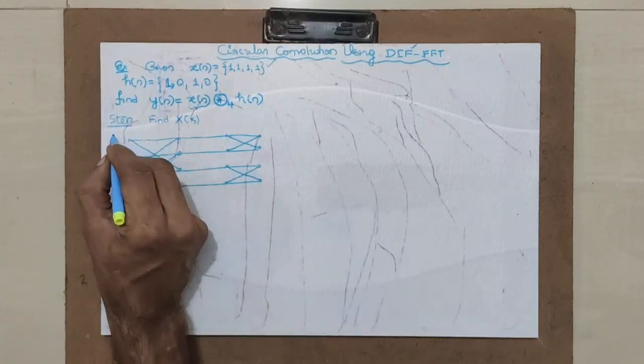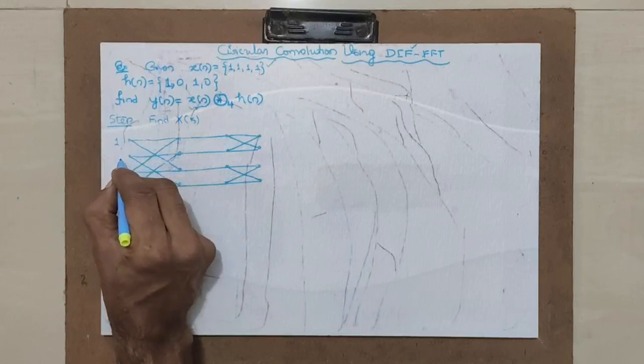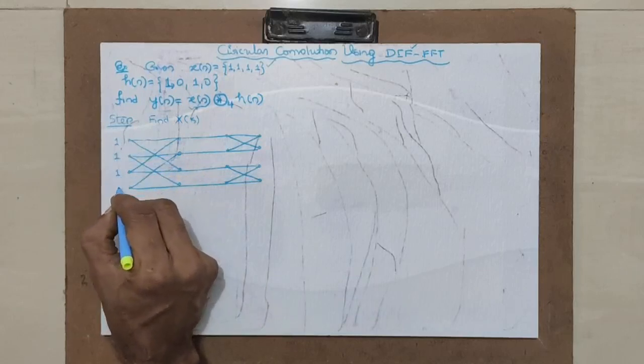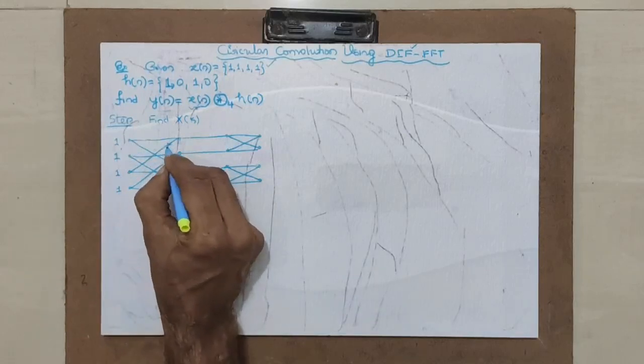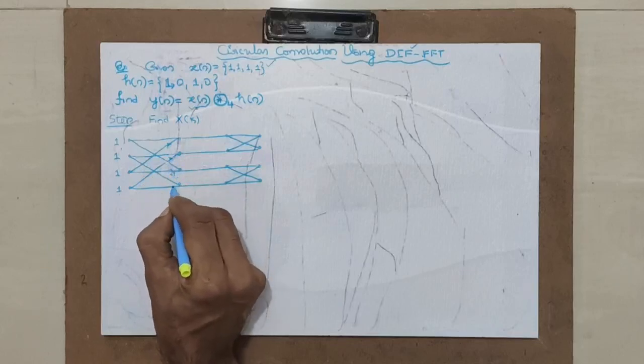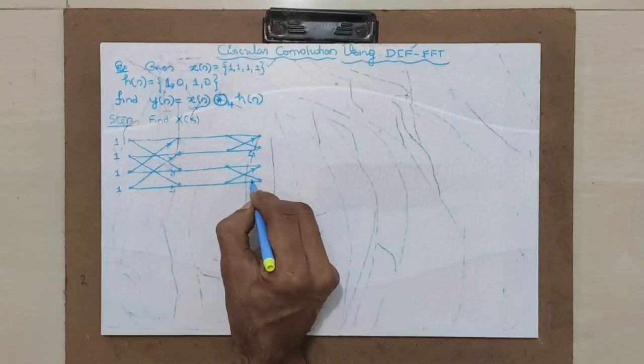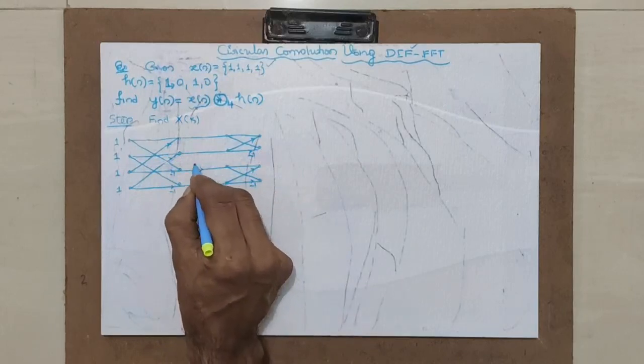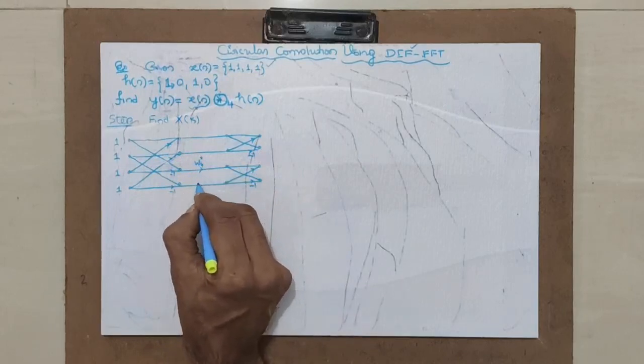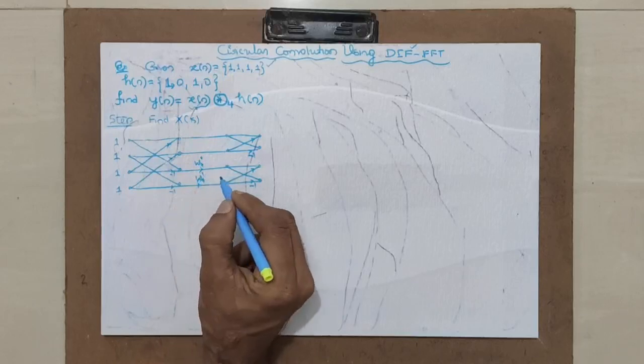X of n I will write here. That is 1, 1, 1, 1, correct? You are already well versed with how exactly to do this, correct? W4 0 and W4 1, correct?